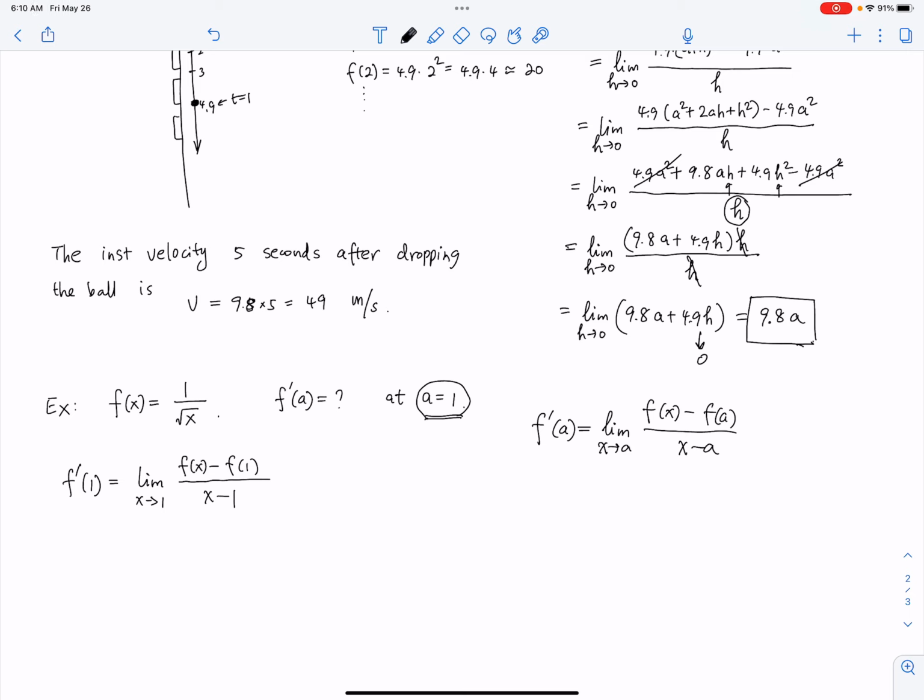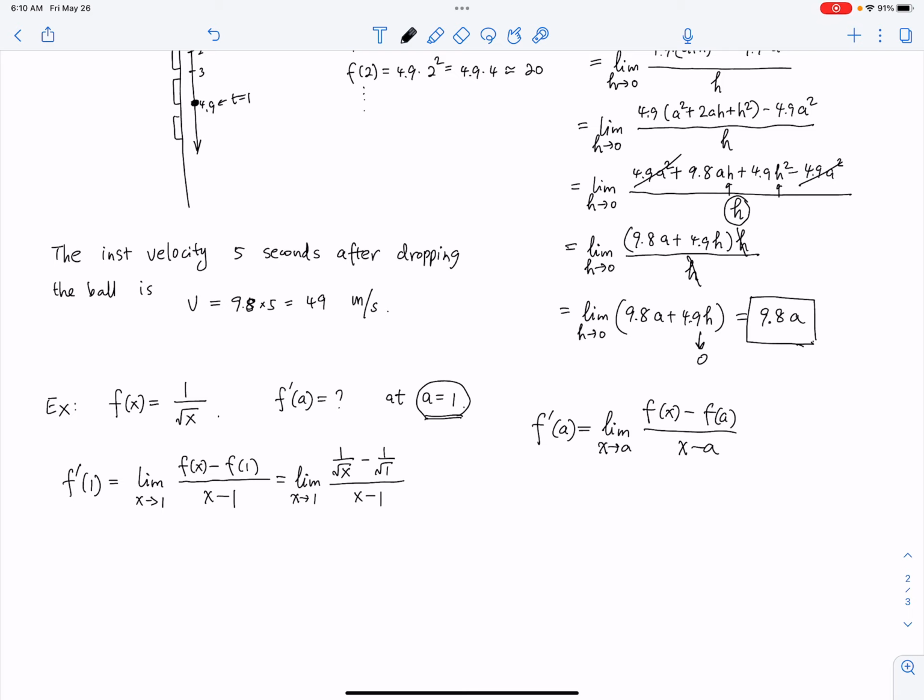All right. So we know the function is 1 over square root of x. So f(1) is 1 over square root of 1, over x minus 1, like that. Now you have to simplify this, right?